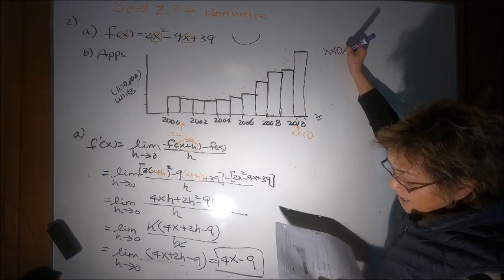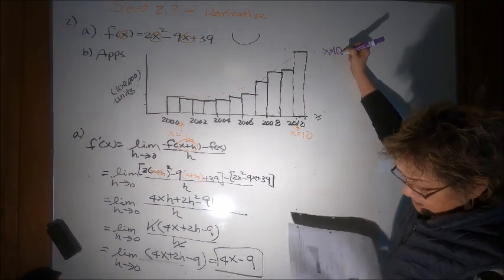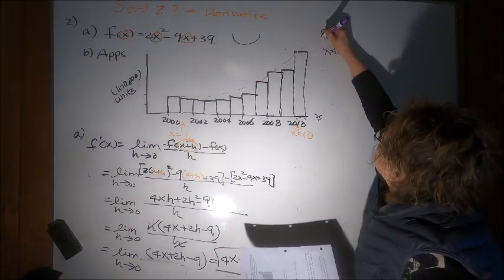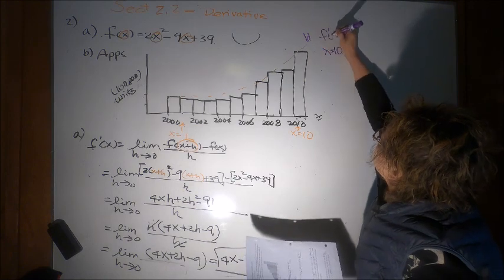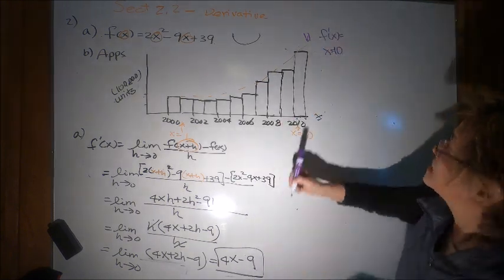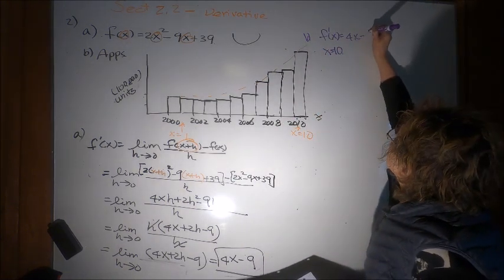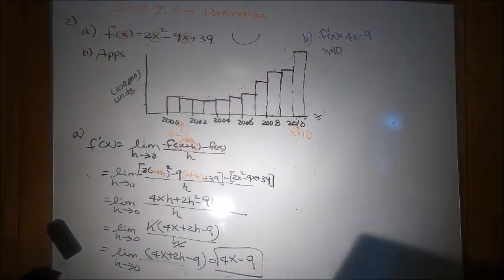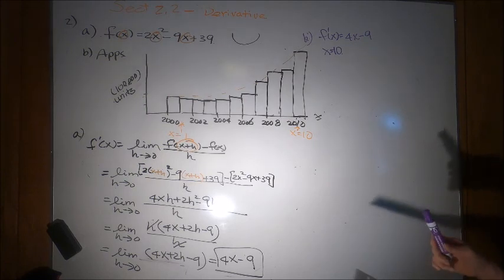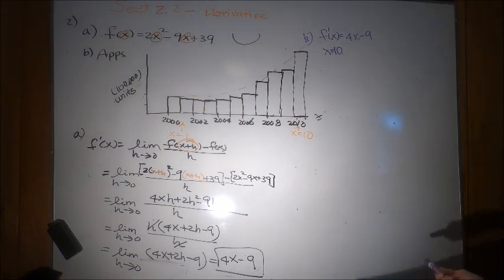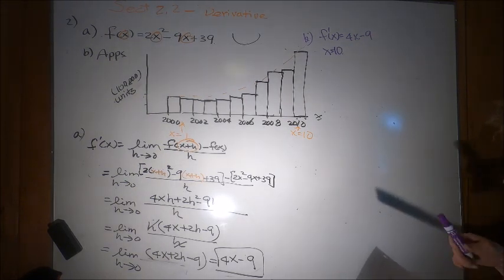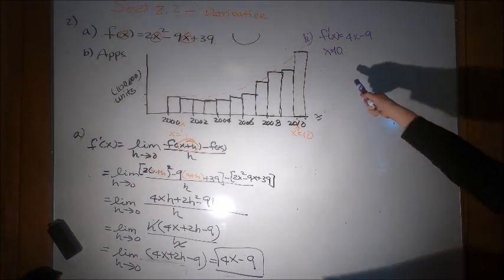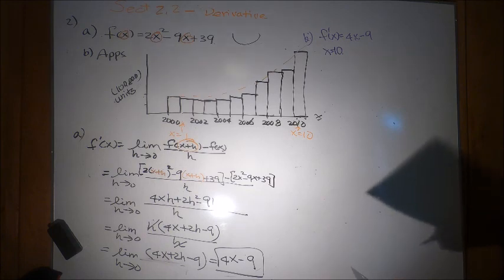At x equals 10 and x equals 1, right? So we find out f prime of x is what? The thing we just found, 4x minus 9, right? So the derivative we found has the same meaning as the instantaneous rate of change, right? Then we want to see what x equals 10 means.